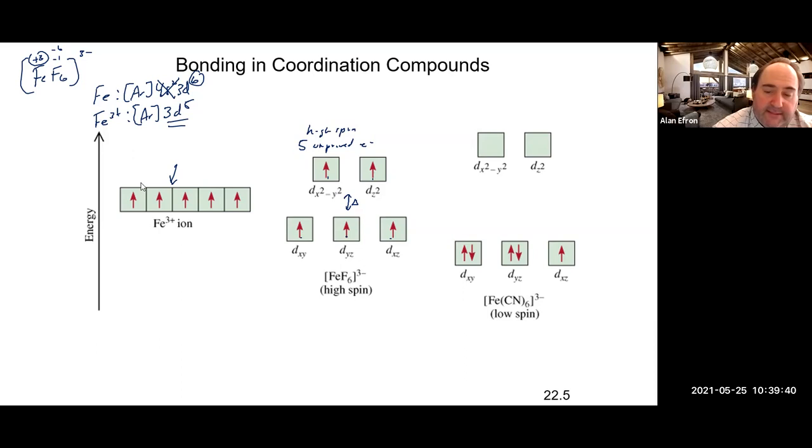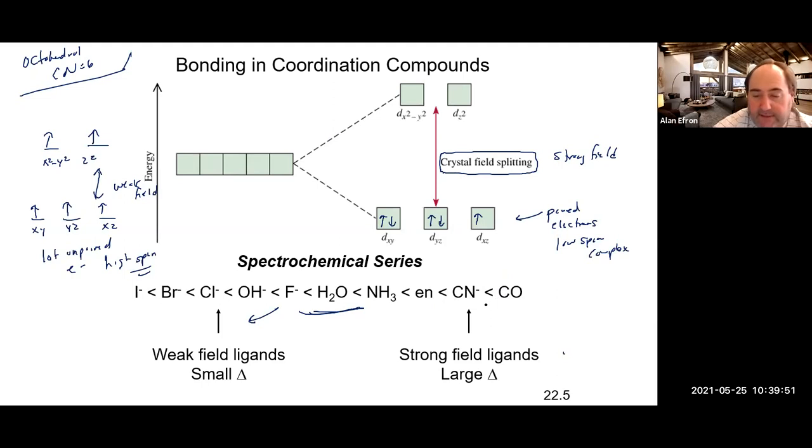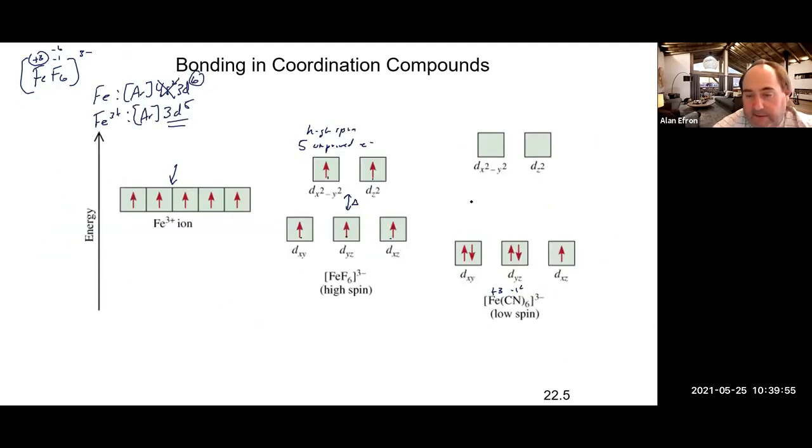Now, if we look at the same iron here, this is also +3 because this is -1. There's 6 of them. Now we have the same 5 electrons, but in this case, the ligand is CN, which is definitely over here on strong field, which means the separation here is going to be large, right?